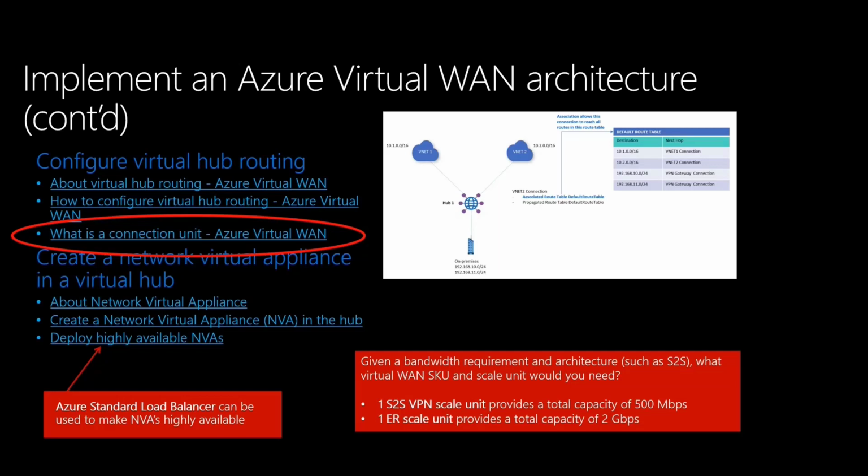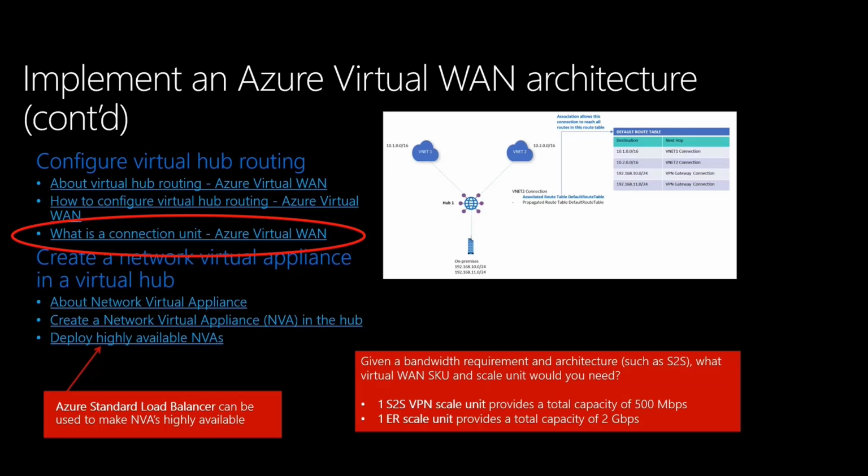If you're talking about a point-to-site VPN, right? Remember the point-to-site is client computer to a site. That means how many remote users are involved. If you're talking about ExpressRoute, it means the number of ExpressRoute circuit connections.